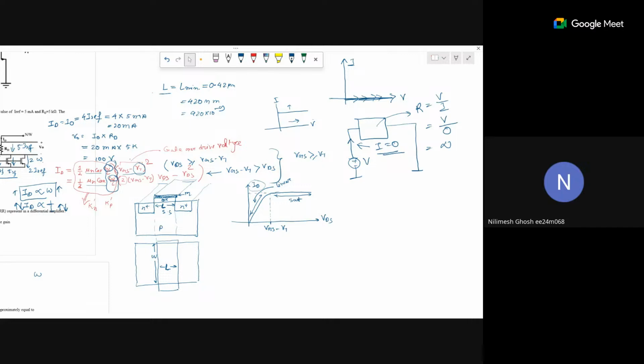Now this signifies that this particular circuit is giving a very high impedance. Now for this circuit some current is flowing, but with the increasing voltage, the current is not increasing.